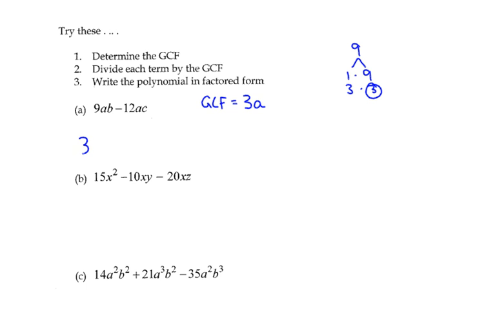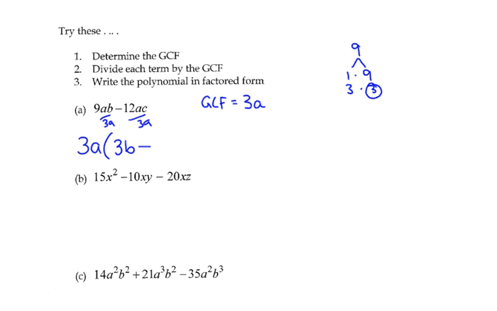So that means we're going to factor it out, pull it out. 9AB divided by 3A is 3B, minus 12AC divided by 3A. Because we're factoring it out, we divide each term by the GCF to figure out what goes in the brackets.